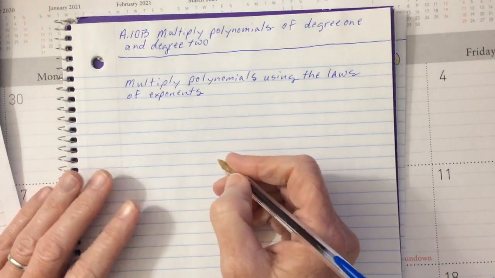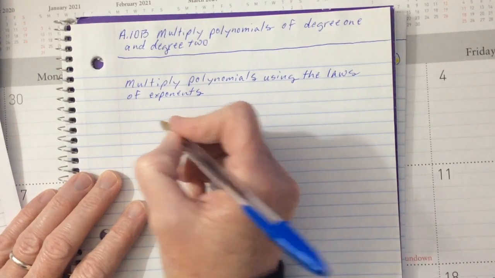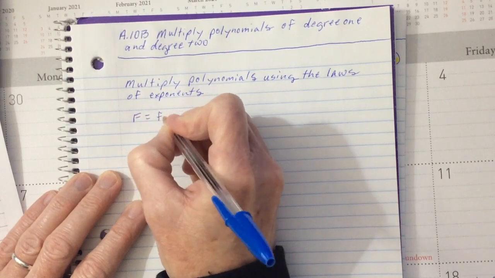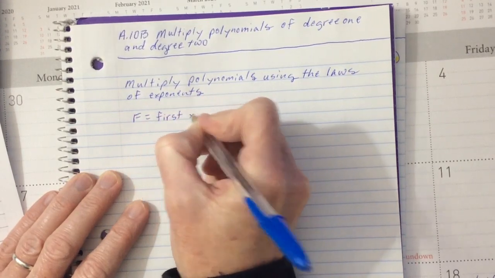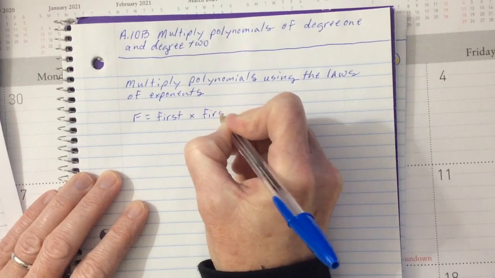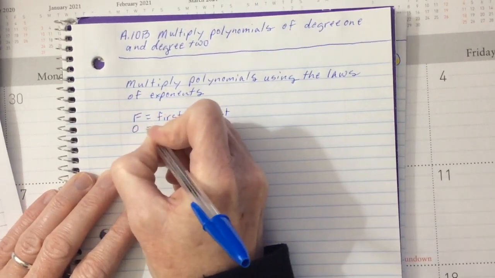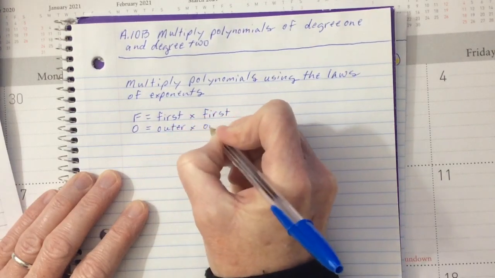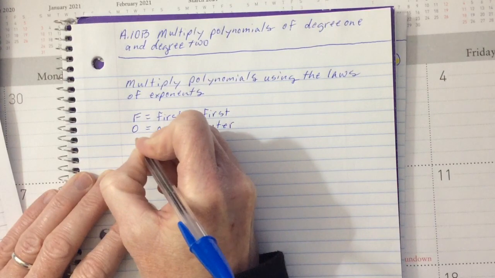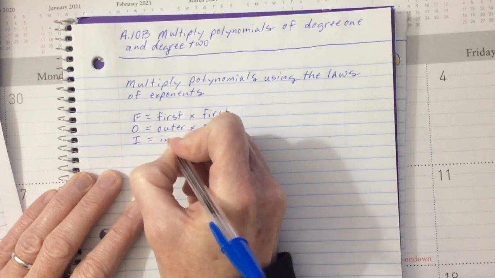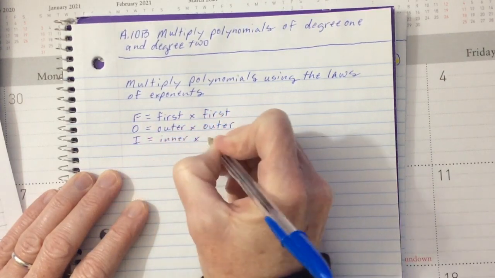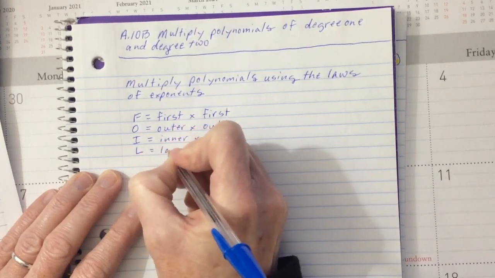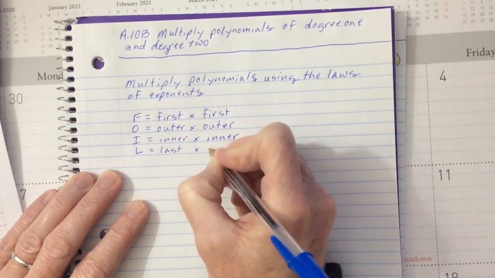We're going to do it with the FOIL method, which is first times first, O is outer times outer, I is inner times inner, and L is last times last.